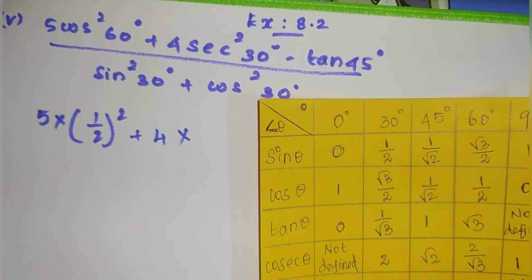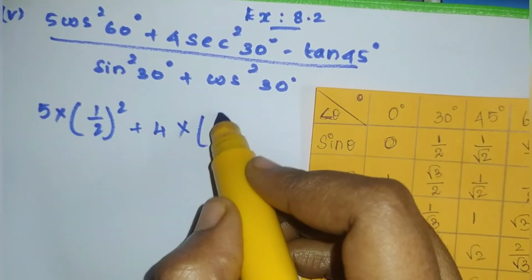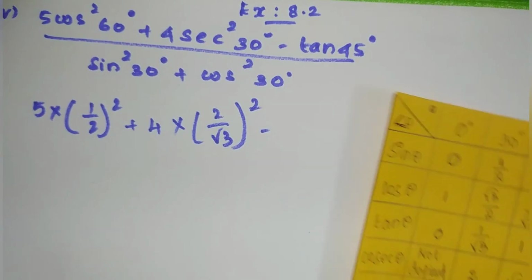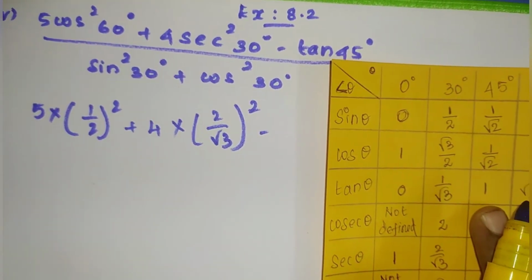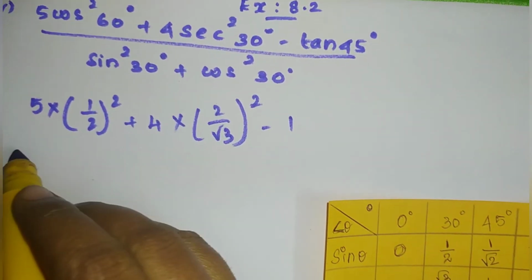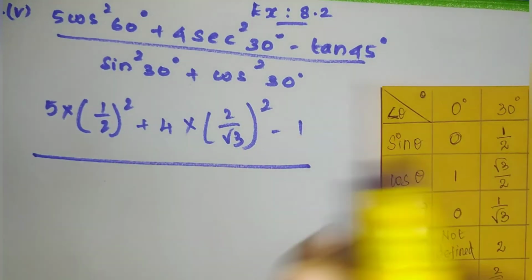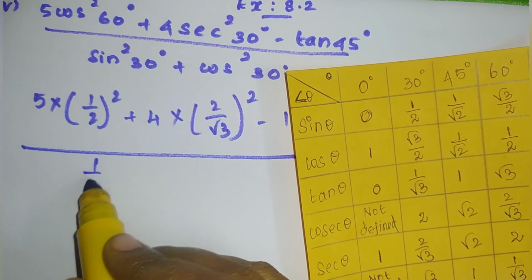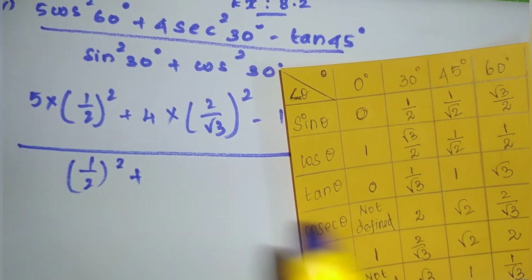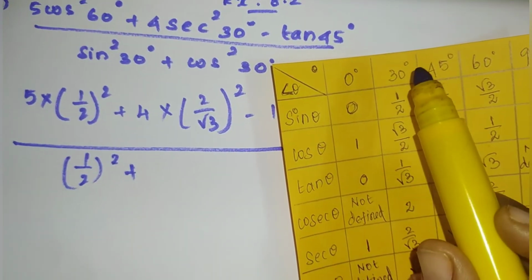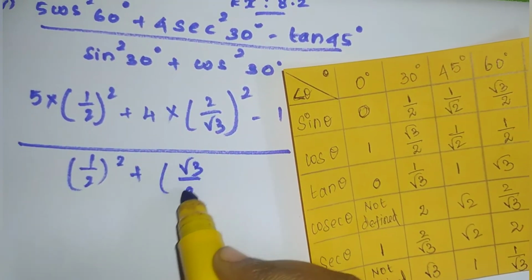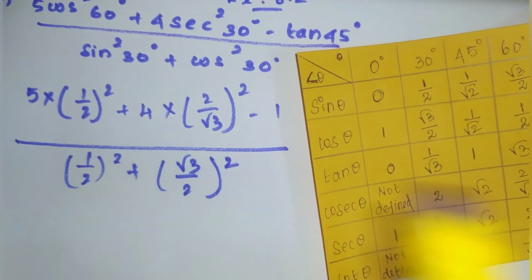Secant 30 degree is 2 by root 3, the whole square, minus tan 45, which is 1, divided by sin square 30 degree. Sin 30 is 1 by 2, so 1 by 2 the whole square. Next cos square 30 degree is root 3 by 2 the whole square.